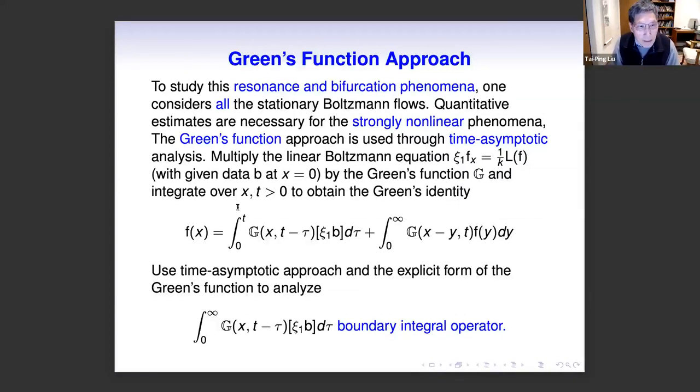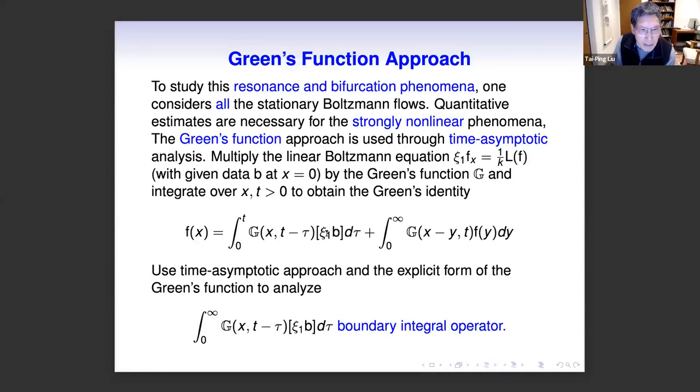So if I have a solution F with a boundary data B, which never happens because you don't know the boundary. You only know half of it if you consider the physical situation.